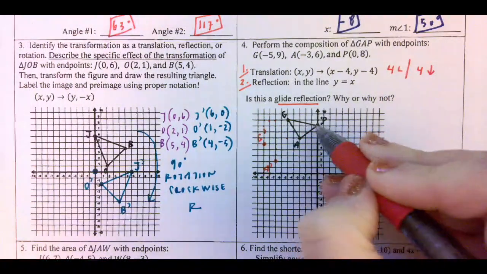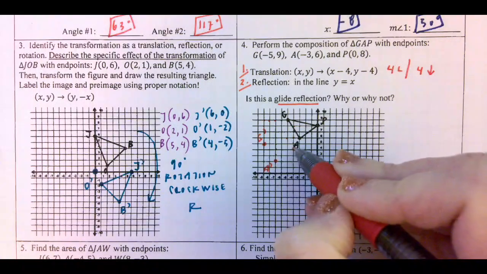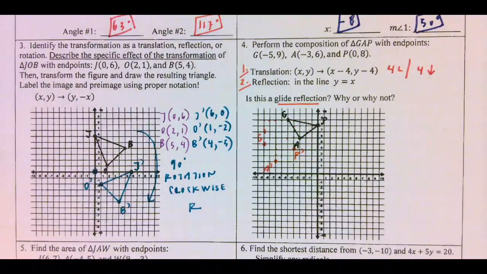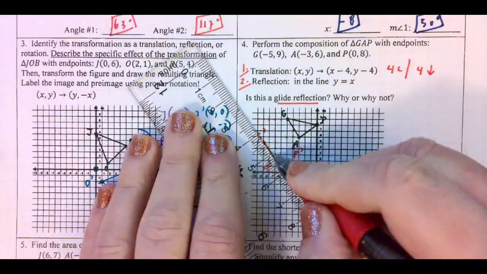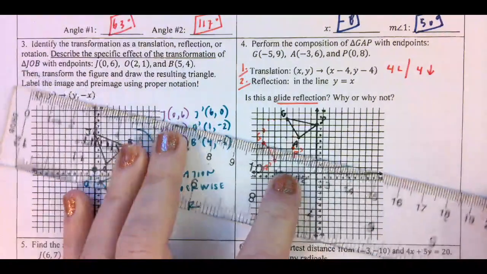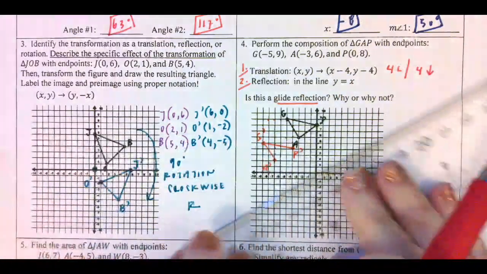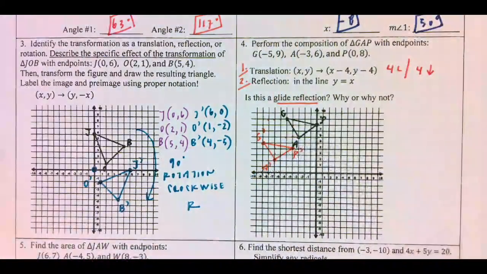Okay, my P, 4 left, and 4 down. Right here. Here's my P prime. Okay, connect the dots. And the first part of the composition is done. All right, translation part is done.